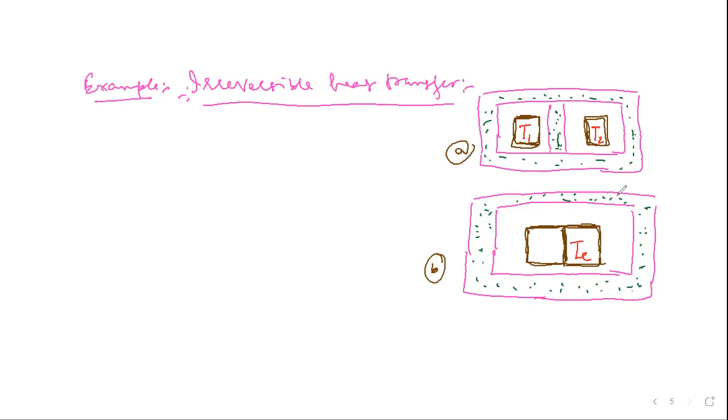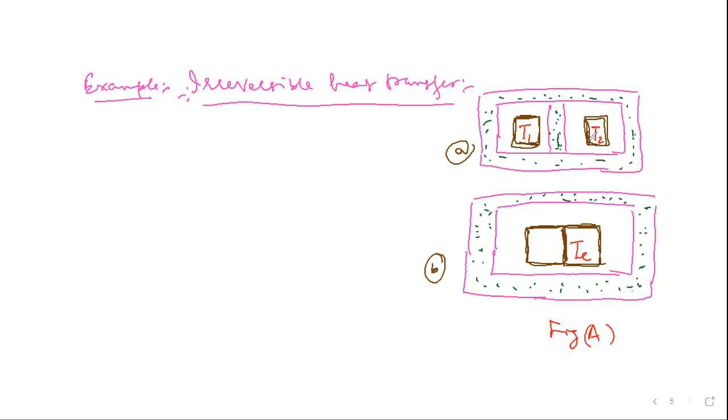So the idea is like this. In part A of this figure, I have two blocks which are at different temperatures. Temperature of this block is T1, temperature of another block is T2, right?